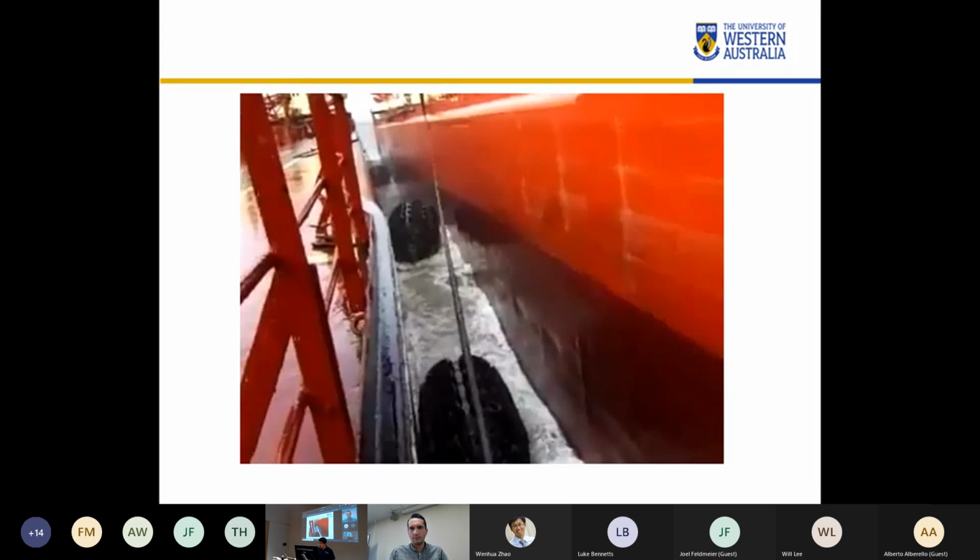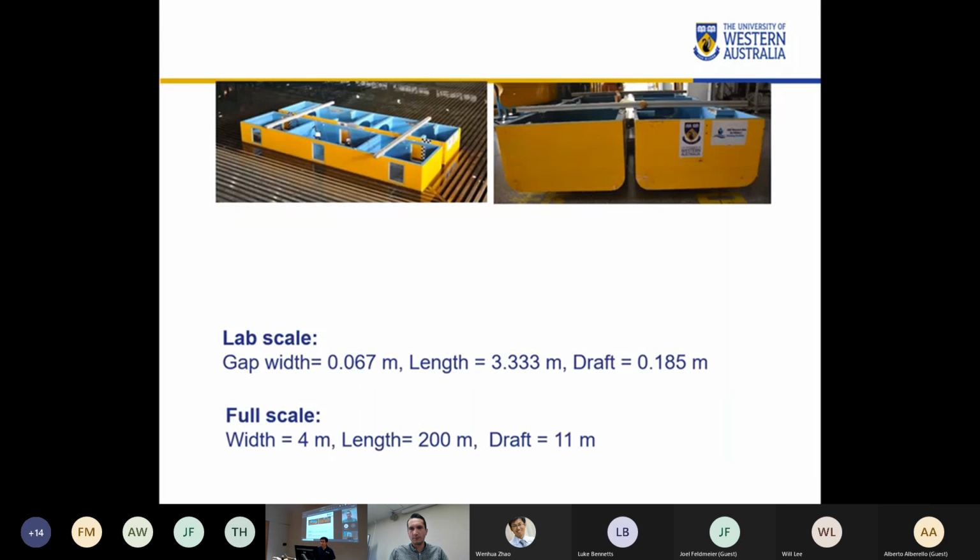To look at the wave propagation along the gap, we conducted some experiments, and we simplified the problem. We simplified the vessels to two elongated rectangular boxes. As you can see here, we have two identical vessels moored together.